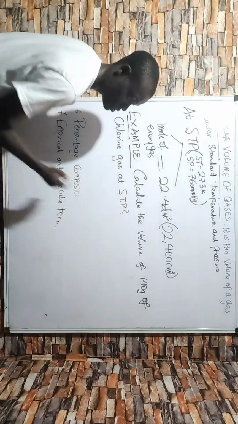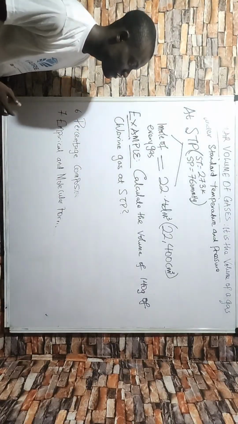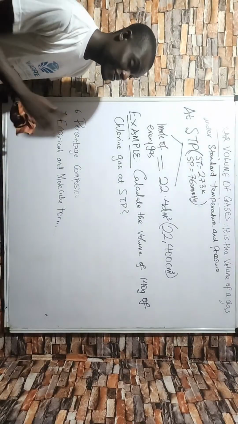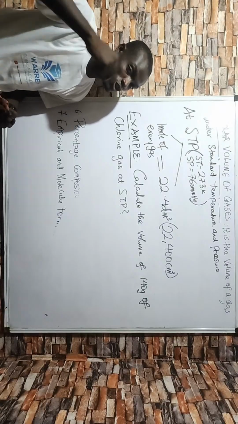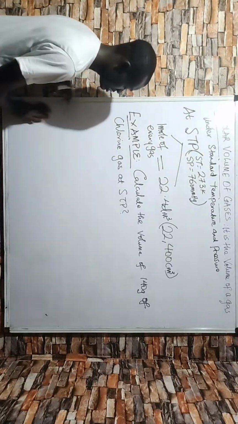So this could likely be a question in an exam. Calculate the volume of 140 gram of chlorine gas at STP. Now, provided you are told STP, you will keep working with 22.4 dm cube. So let's take a look at that one.